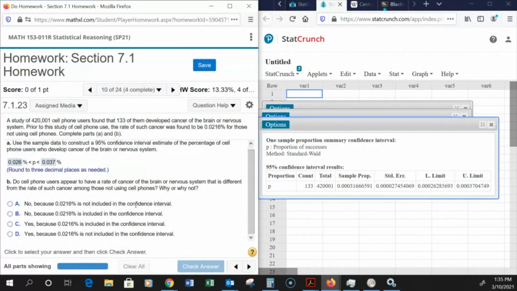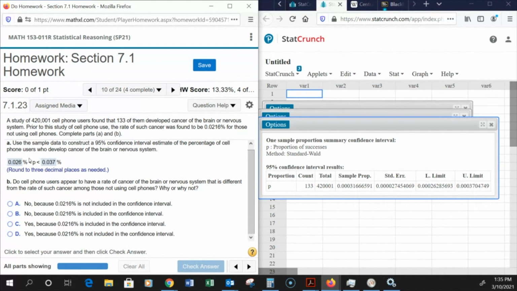And then they say, well, is this bad? Well, normally this percentage, 0.0216, gets brain cancer, whether they use a cell phone or not. So compare 0.0216 to this interval, 0.026 to 0.037.